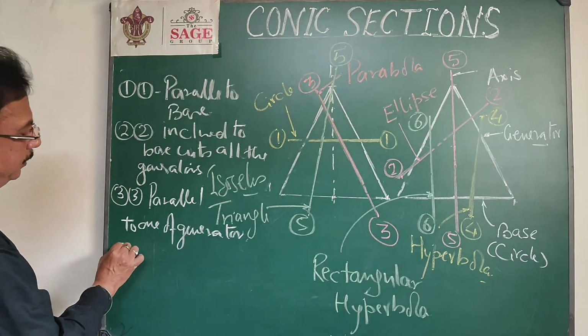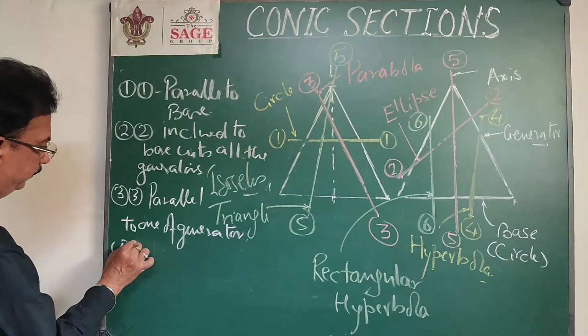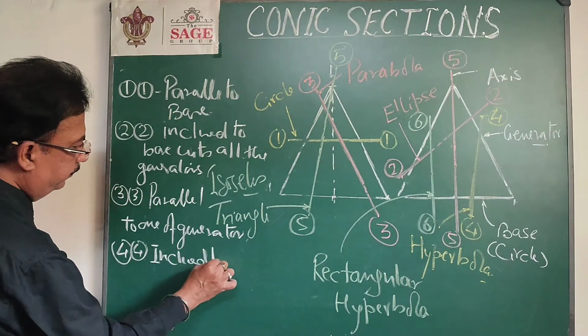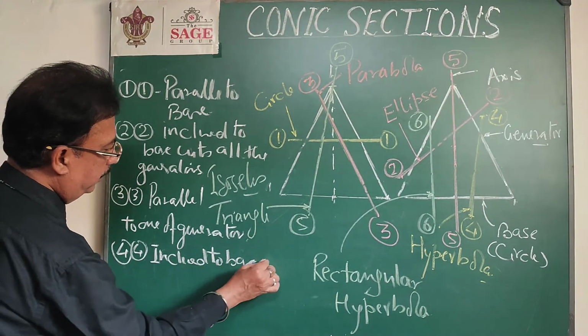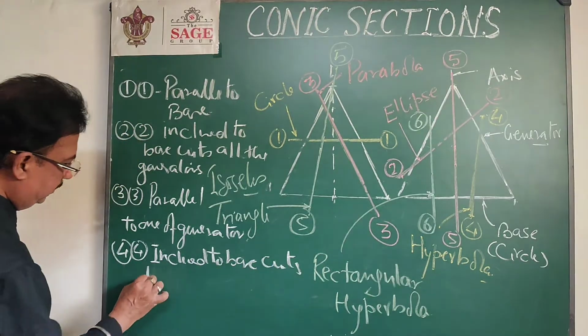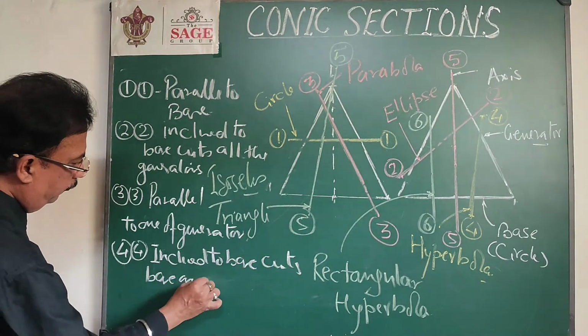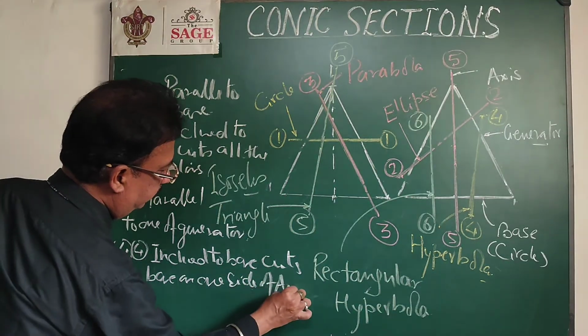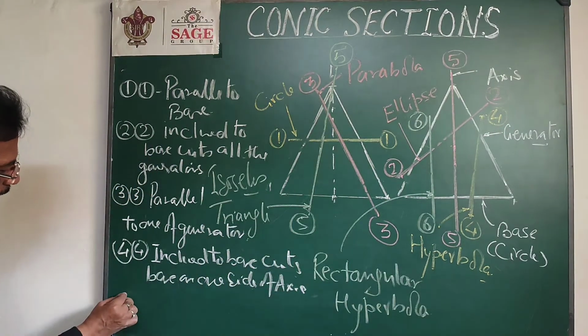Section 4, inclined to the base, cuts the base on one side of the axis, that will be a hyperbola.